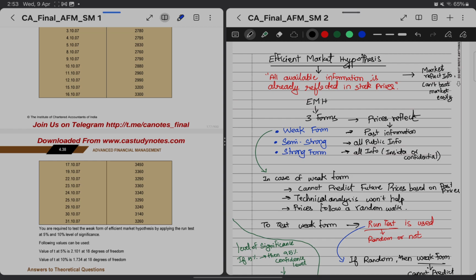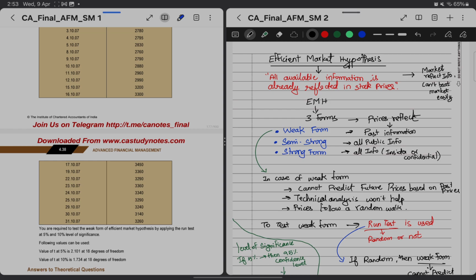All available information is already reflected in stock prices. Now this efficient market hypothesis has three forms of market: weak form, semi strong and strong form. When it is weak form, the prices reflect the past information.